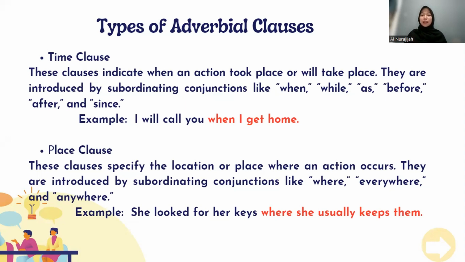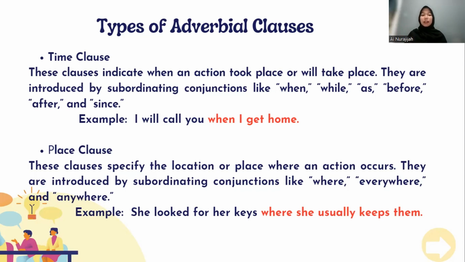In the sentence, the adverb clause is at the end of the sentence, which is when I get home. When is subordinating conjunction, I is subject, and get is a predicate. So this is an adverbial clause that tells about the verb will call. So this is the example of time clause.